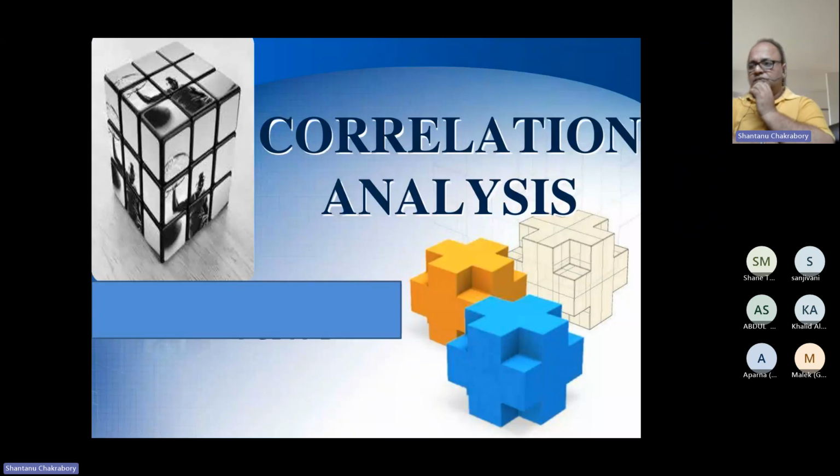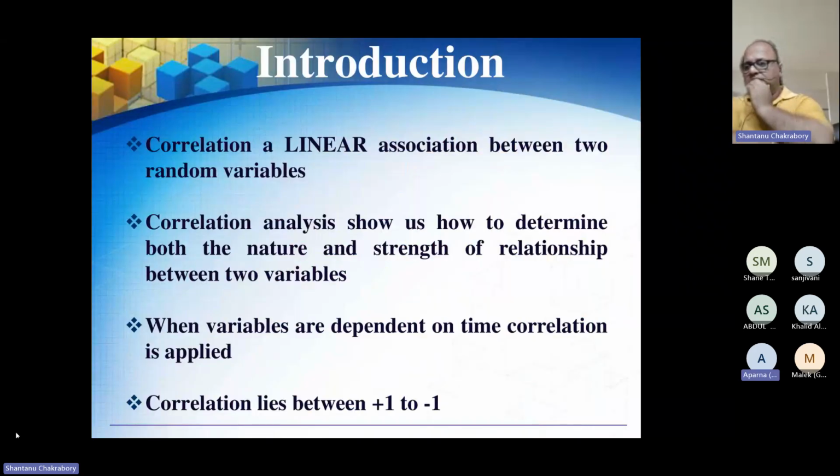So yesterday we did regression. Today we'll be doing correlation. We'll see how correlation is done manually and how important a role it plays, right? Now here, the first one is correlation, which is a linear association between two random variables.